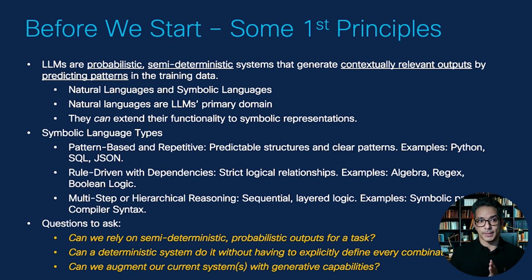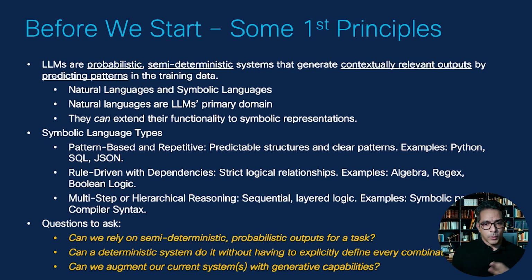One is pattern-based and repetitive with predictable structures and clear patterns, examples being programming languages such as Python or SQL or JSON. Then there are rule-driven with dependencies where there are strict logical relationships, example, algebra, regex, Boolean logic, and the like. And then there are multi-step or hierarchical reasoning ones, which have sequential and layered logic. And examples are like compiler syntax.